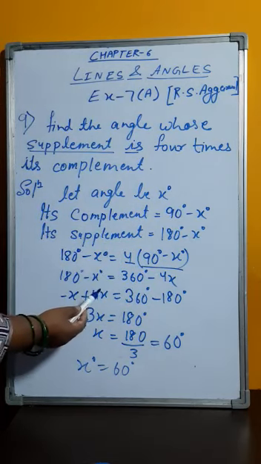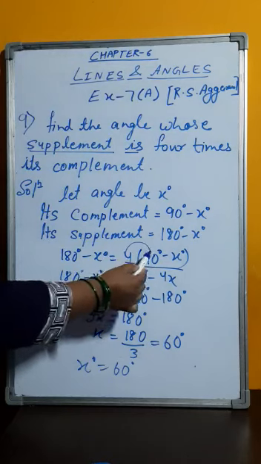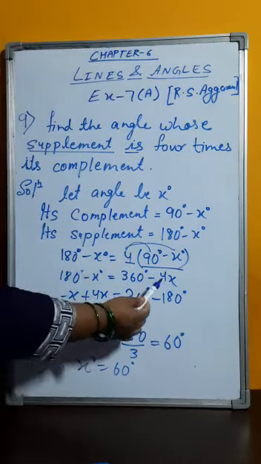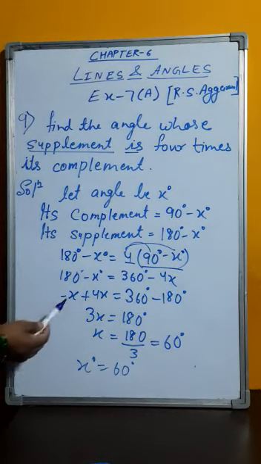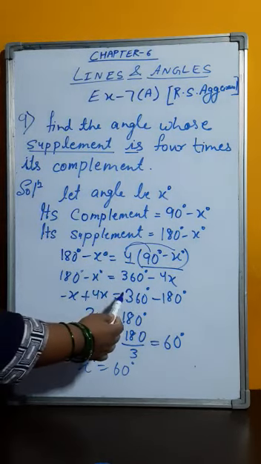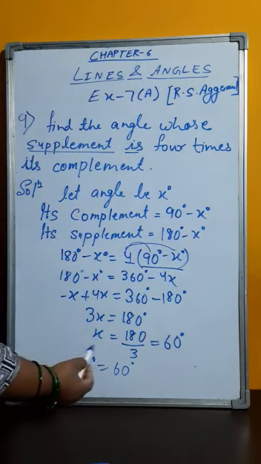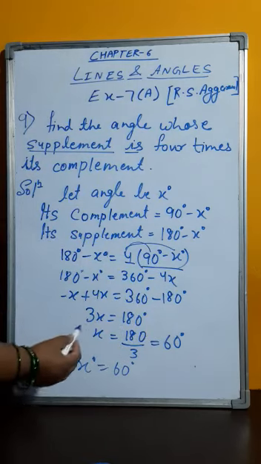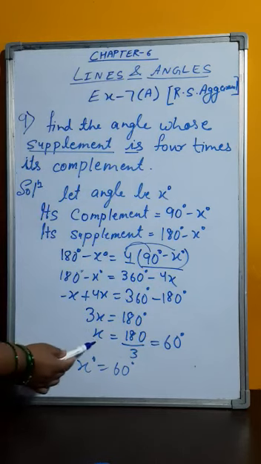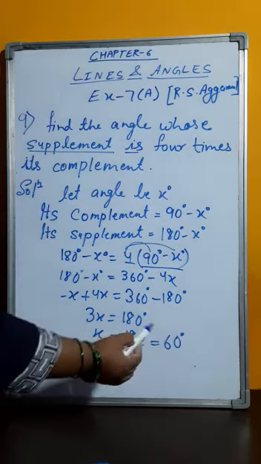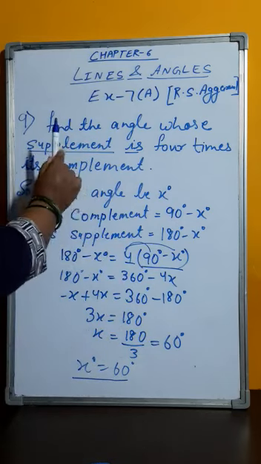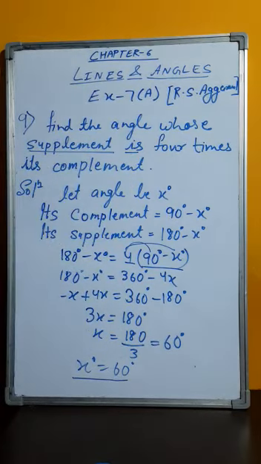So we have 180 minus x degree is equal to 4 into 90, 360, minus 4 into x, minus 4x. When this minus 4x will shift this side, we have minus x plus 4x is equal to 360 minus 180. 360 minus 180 is 180, and minus x plus 4x is 3x. So x is equal to 180 by 3, so x is coming 60 degree. So 60 degree is the angle whose supplement is 4 times its complement.